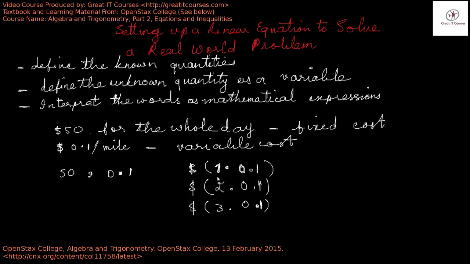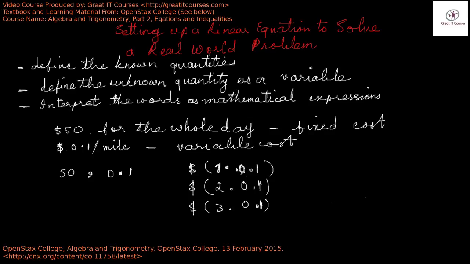So I could denote this as n or x or z or whatever you want to call it. It needs to be a variable. So I denote this as x as my variable.